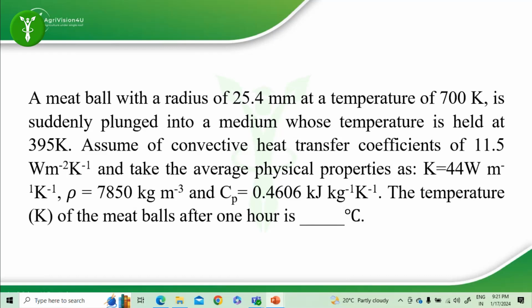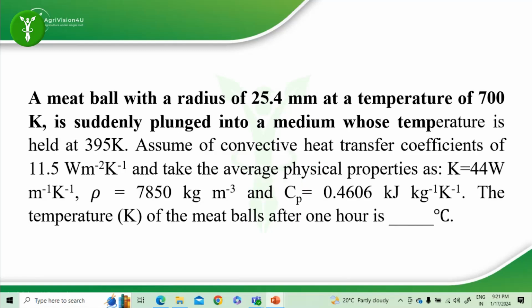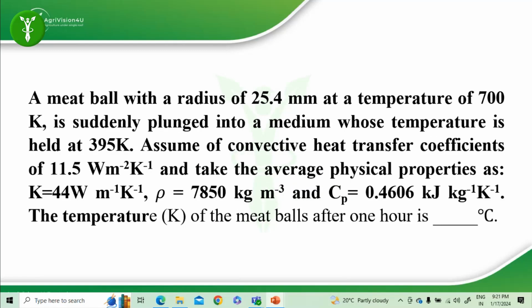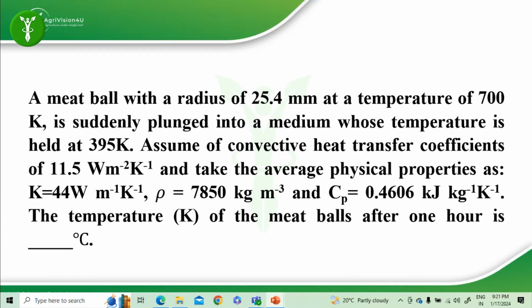Let us solve the particular problem. I'll just read out the problem statement. A meatball with a radius of 25.4 millimeter at a temperature of 700 degrees Kelvin is suddenly plunged into a medium whose temperature is held at 395 degrees Kelvin.